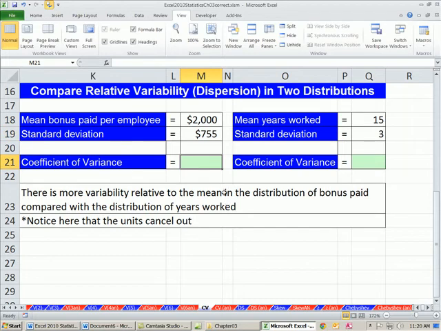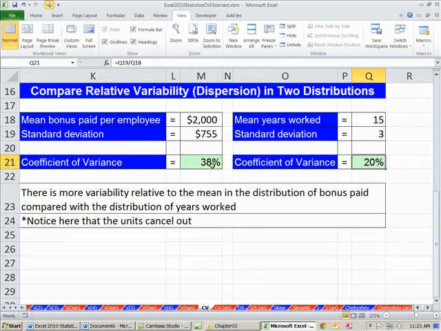Well, let's do our coefficient of variance. We're going to take standard deviation divided by our mean, 38%. And here it would be standard deviation divided by our mean. So which of these 2 data sets has more coefficient of variance, which is really our measure of variation?